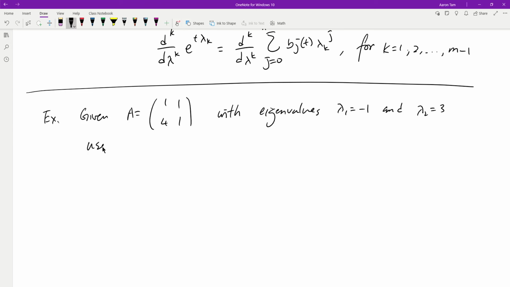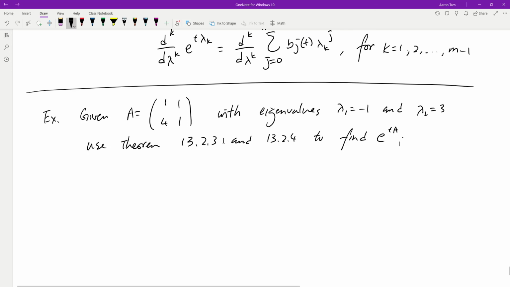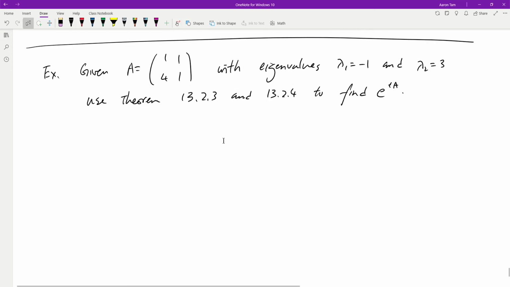I'm going to ask you to use theorems 13.2.3 and 13.2.4, and once again you use both of them together to find e to the tA. So how do we actually proceed? First of all, let's apply theorem 13.2.3.